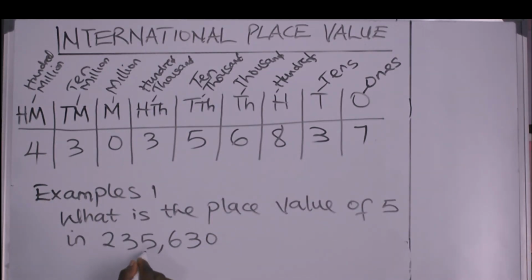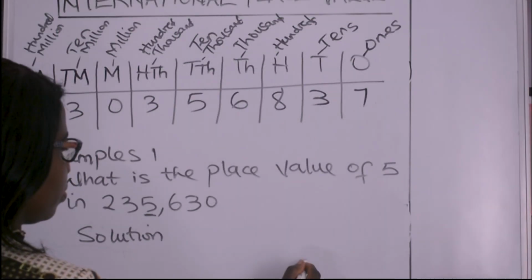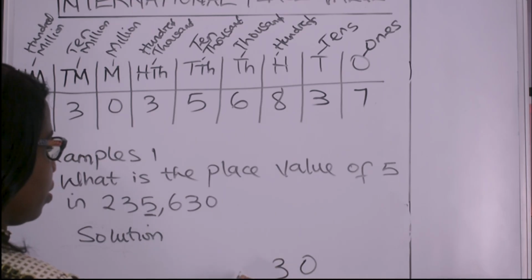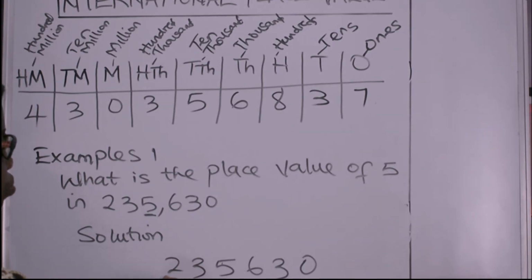What is the place value of this? We're going to do it as simple as it should be. So we'll write out the number: 0, 3, 6, 5, 3, and 2.